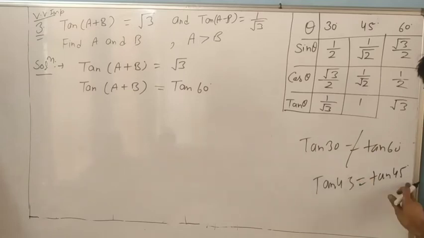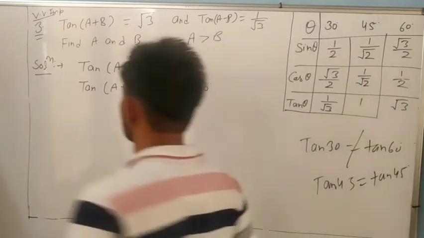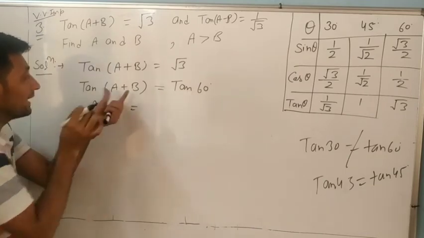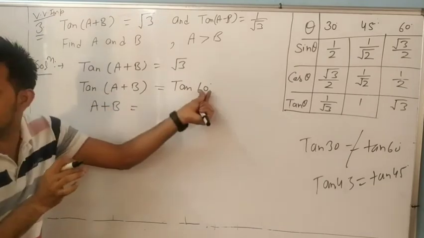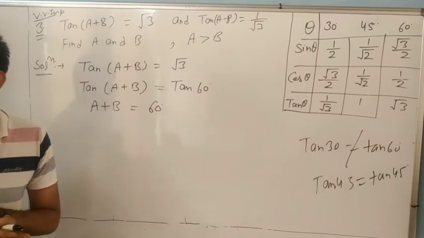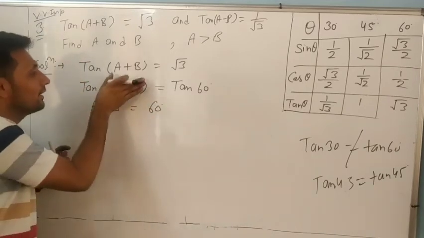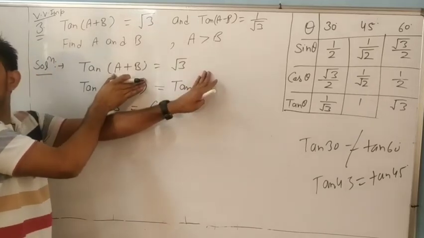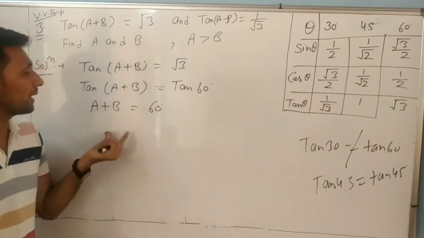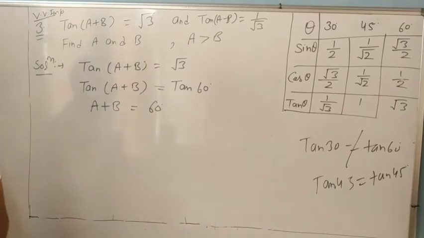So it means a plus b angle equal to this angle. Tan of some angle and tan of some angle are both equal, it means the angles must be equal. So a plus b equal to 60 degree.